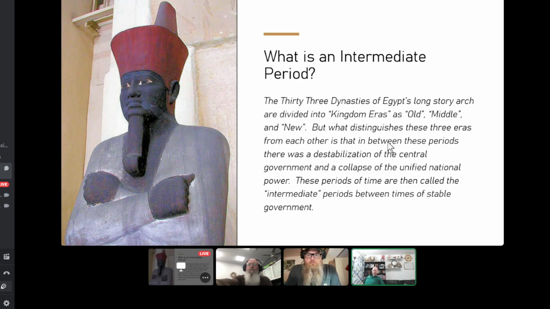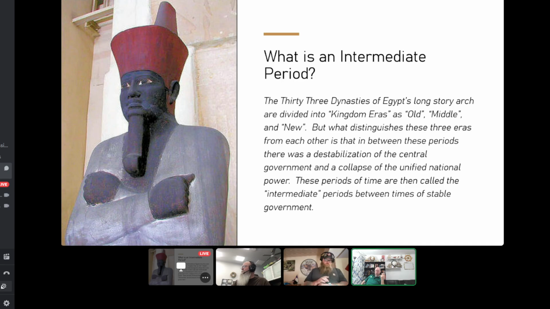So when we talk about the intermediate periods, each of these kingdom eras is distinguished by a destabilization period where the central government destabilized and the unified national power collapsed. Okay. So in between the Old Kingdom and the Middle Kingdom, something happened that caused essentially everything to fall apart in Egypt.